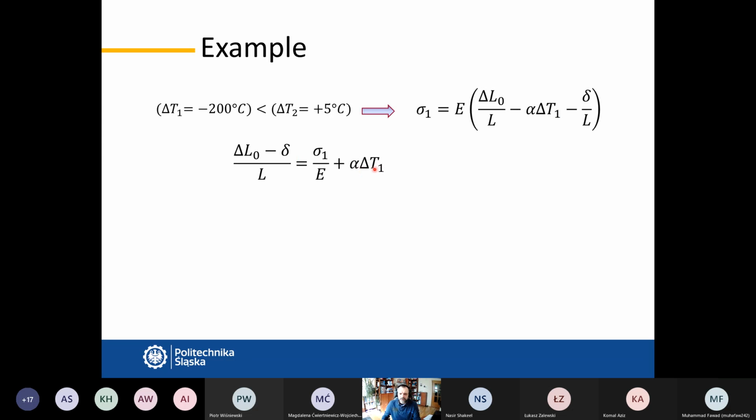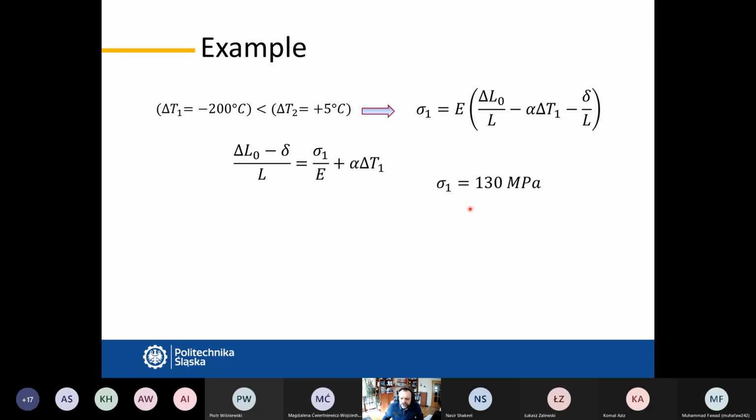So we can calculate here, we have the same factor, the same component. If we solve it for this factor, so this is delta L0, the total elongation of the object, minus delta, the gap required, divided by L, is sigma over E plus alpha T1.